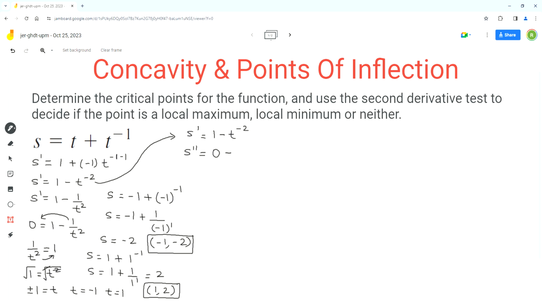Now we have to use the power rule. So we move the exponent to the front, so negative 2, and then subtract 1 from the exponent. Now we can simplify this expression. So in s double prime, the 0 goes away, and minus negative 2 becomes positive 2.